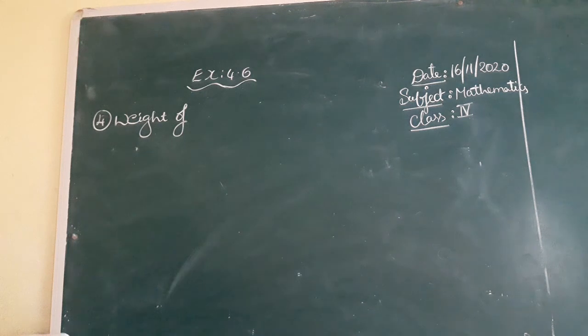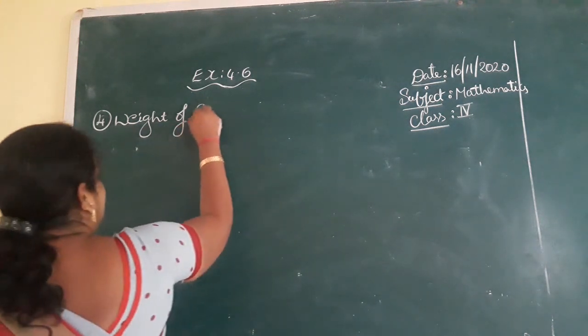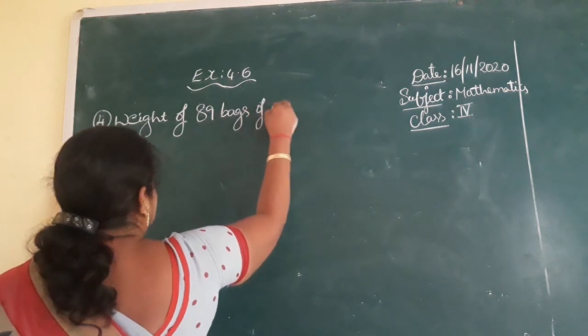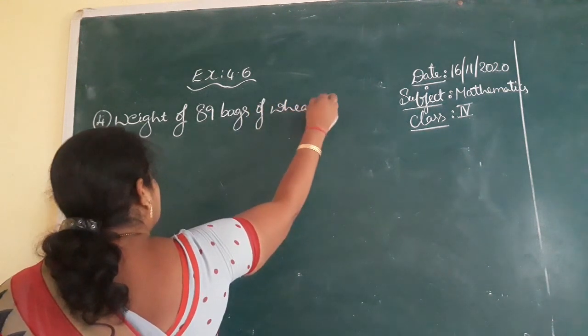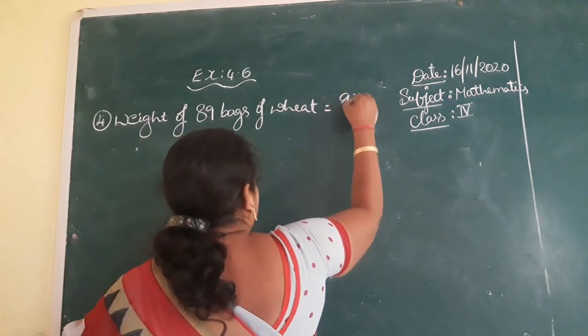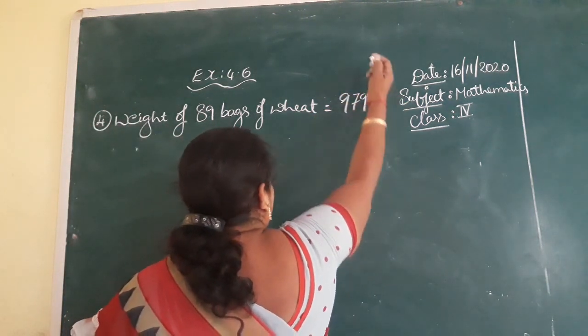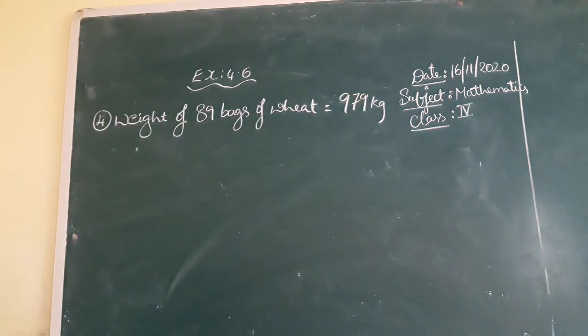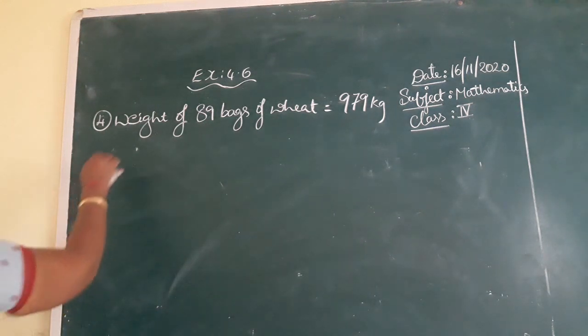The weight of 89 bags of wheat is 979 kg. Here they are asking us to find the weight of 1 bag.